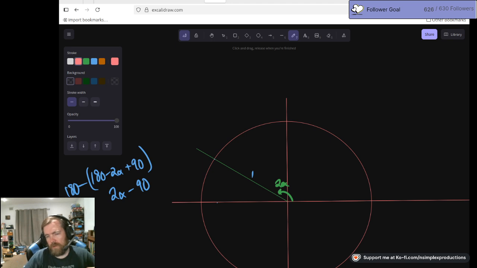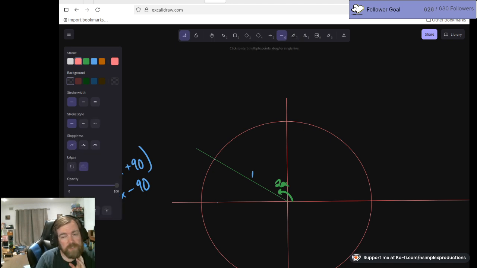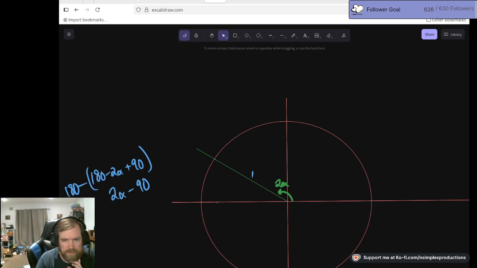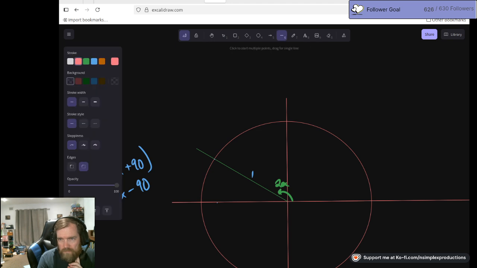What we need to do then is to create a central angle that encompasses 2 alpha. So that's got to be from here to there.